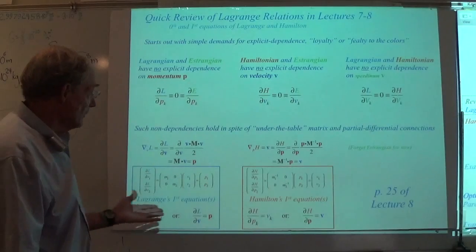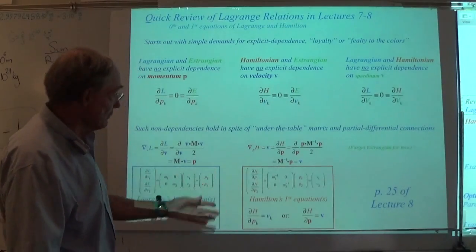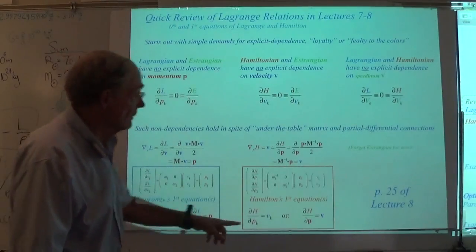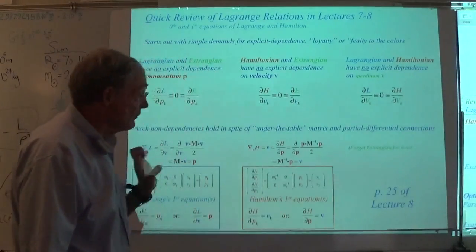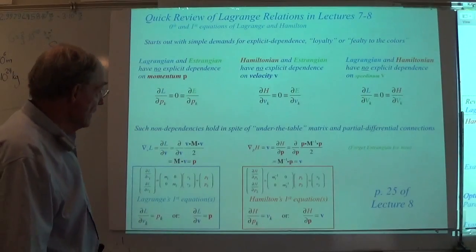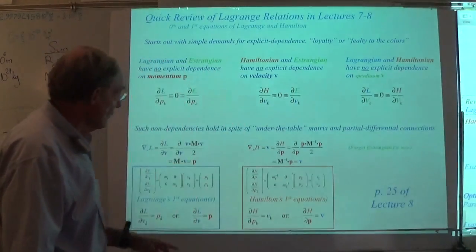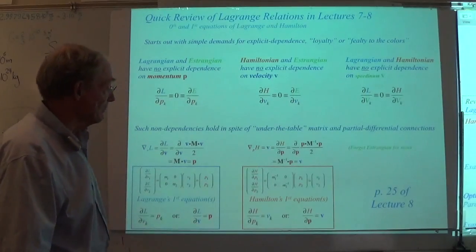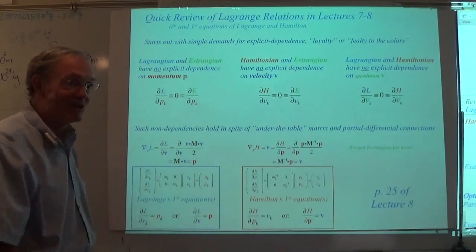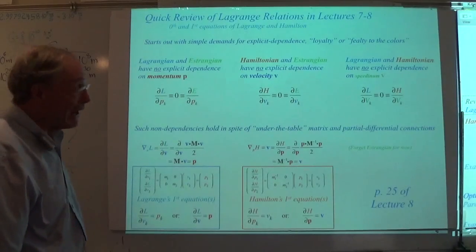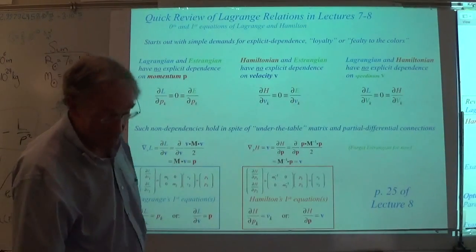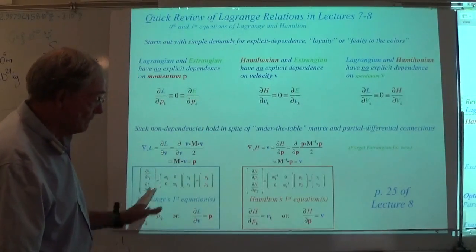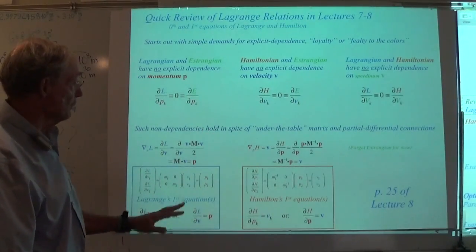There's the other equation, Hamilton's first equation, that mirrors this one, is dual to it: the partial derivative of H with respect to its independent variable, momentum. And that gives us velocity, whereas here the independent variable is velocity for the Lagrangian, and it gives us momentum. So there's that symmetry, you see, between these two, duality symmetry you might call it. So we're going to be seeing more of that as we go into the second equations of these two people.